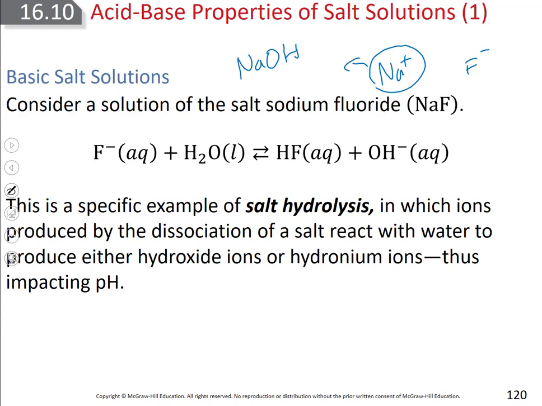Strong base. This is a strong base, which means that sodium ion is a what conjugate acid? Weak. So we define weak conjugates as things that are so weak that they have what effect on the pH? None. So weak equals no effect on pH.